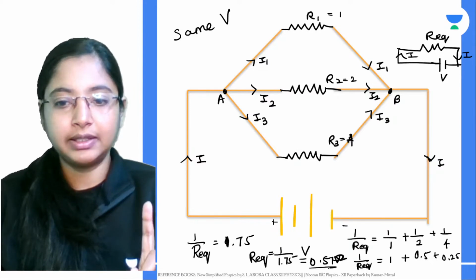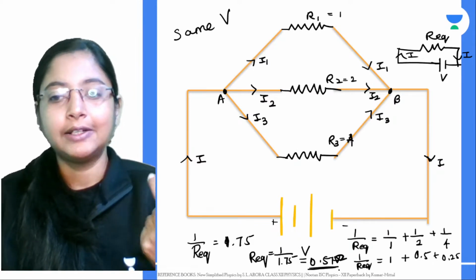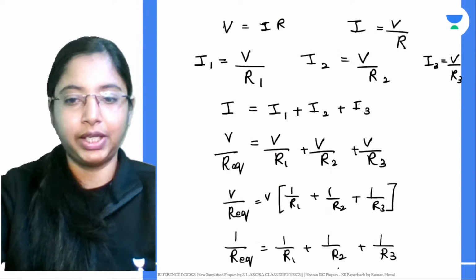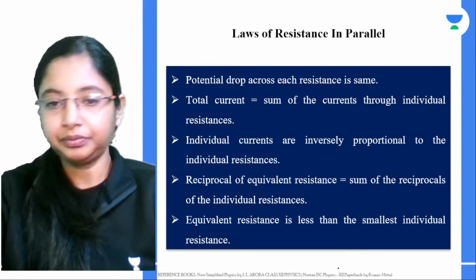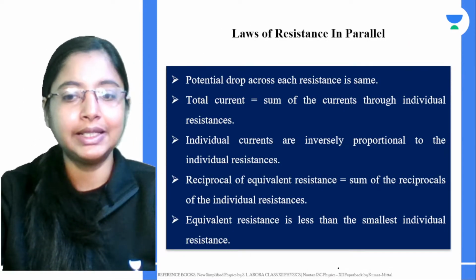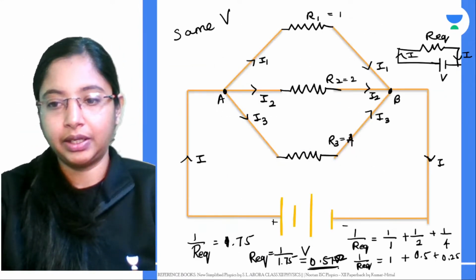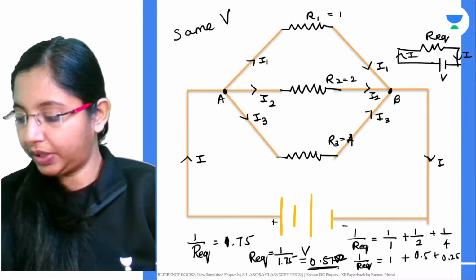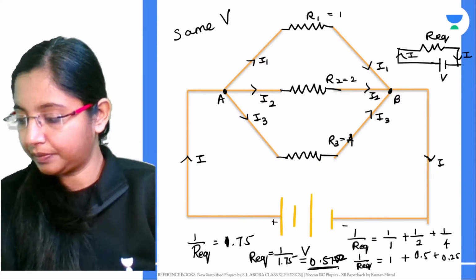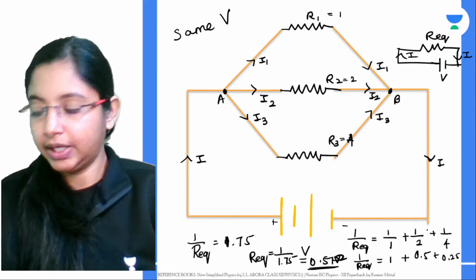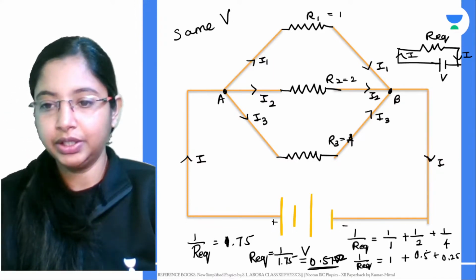Now this particular equivalent resistance is less than the smallest individual resistance that we have.